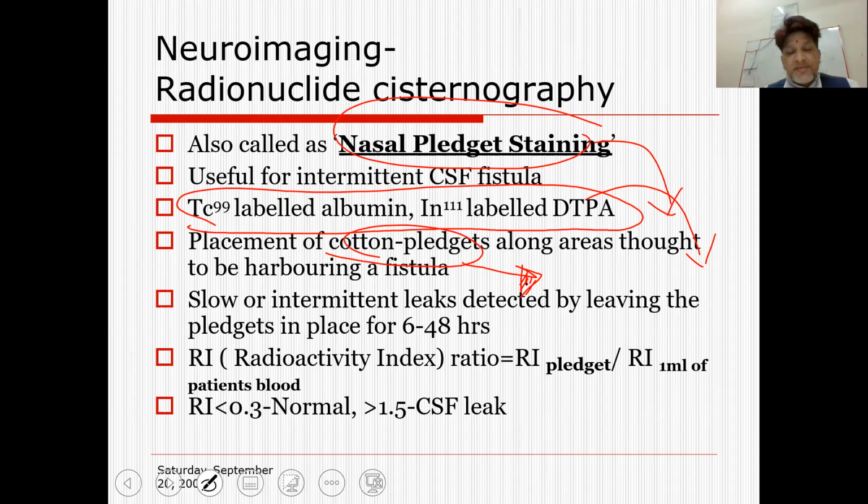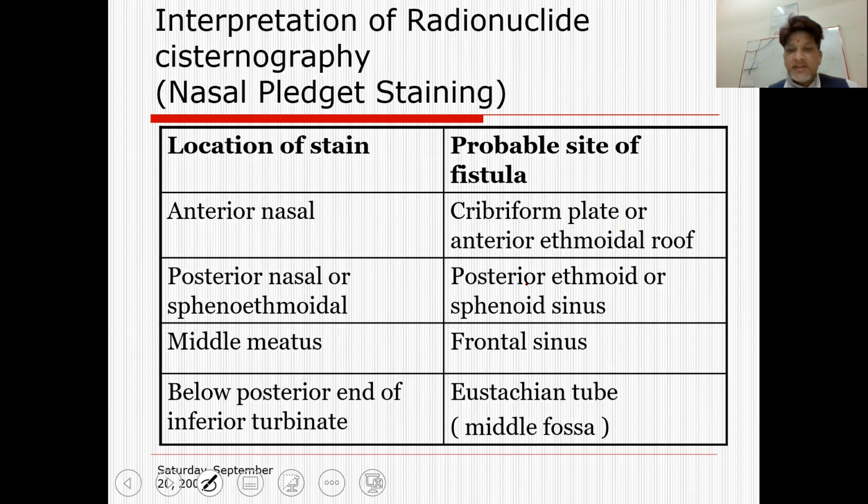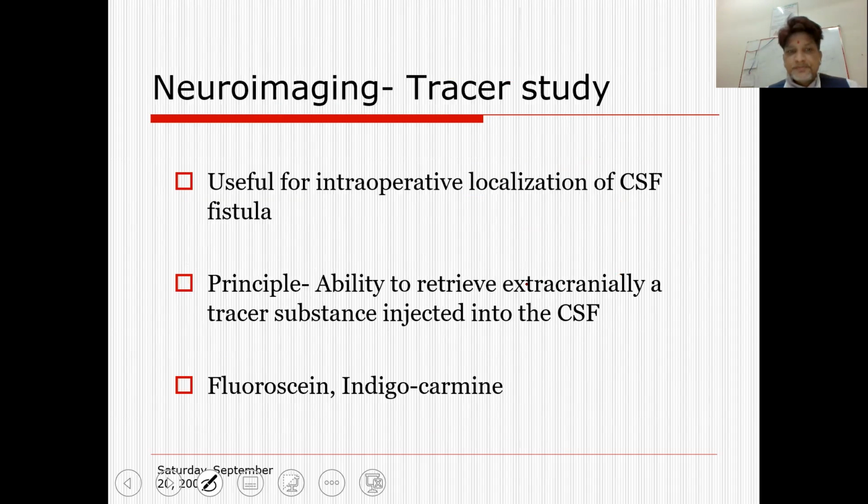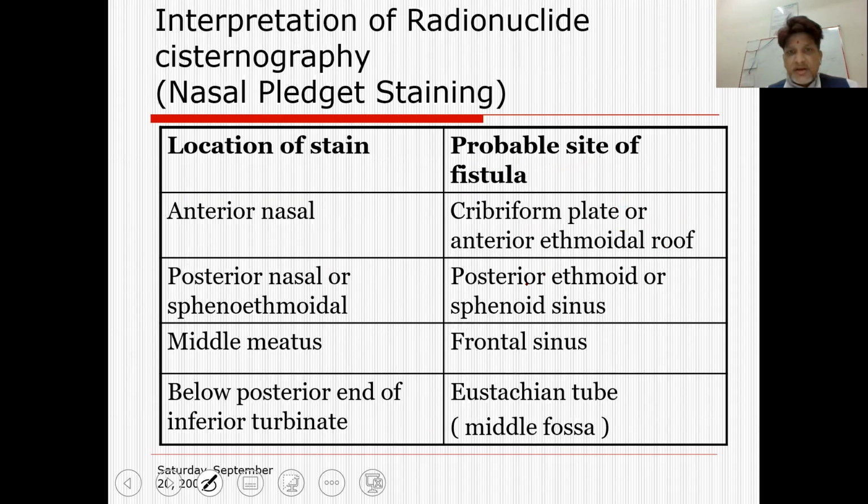So if the patient is having an anterior skull base fracture or leak, then that particular pledget or cotton piece will be stained by this technetium 99 dye, and hence it will be helpful in actually locating where the actual fracture or leak is. So this is called the pledget test.